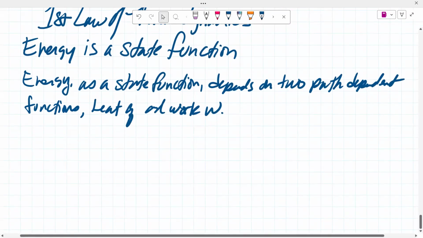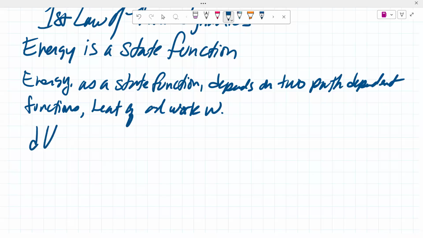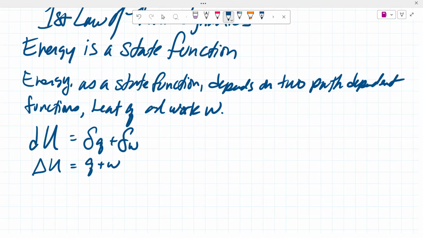All right, so dU equals dQ plus dW. And delta U equals Q plus W. This is the differential form, and this is the integrated form.